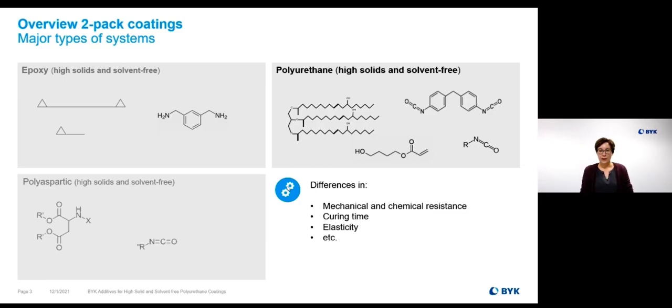Why are there different types or chemistries on the market? The different types are needed since all of them give different properties in terms of mechanical resistance, such as hardness or flexibility. They have different curing times, and also the chemical resistance can be different, and therefore the different 2-pack systems are used for different applications.